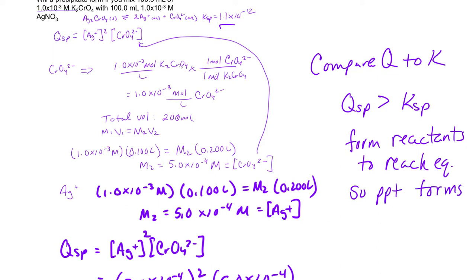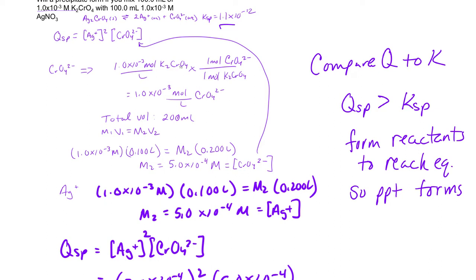Do we need to walk through that one more time, that reasoning? Okay, so we calculate Q. Q is greater than K, which means we have more products than would be required to reach equilibrium. So we need to basically form reactants in order to reach equilibrium.